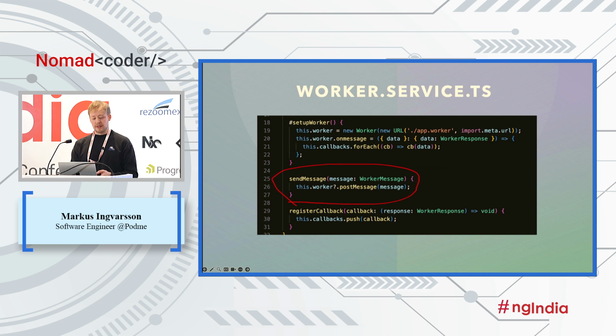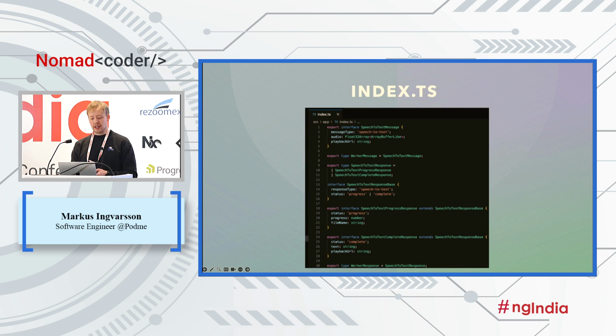And you can see there is a simple method with which we will send messages to the web worker, and also a very simple method which will register the callback function when the web worker responds with a message. So we can handle that. And as you can see, a couple of types here. They are defined in this index.ts file. The types here are simply added to type the communication with the web worker.